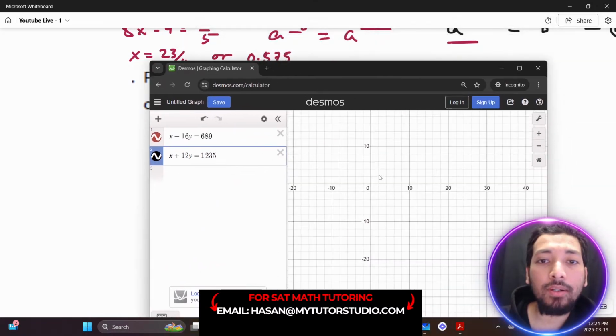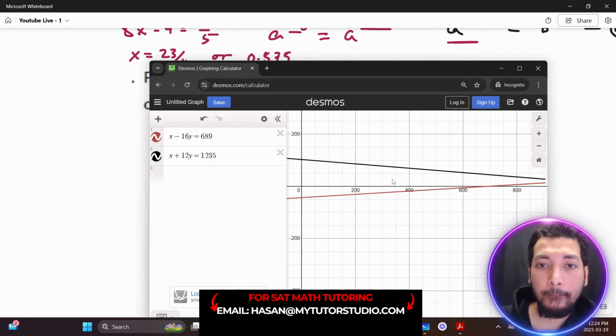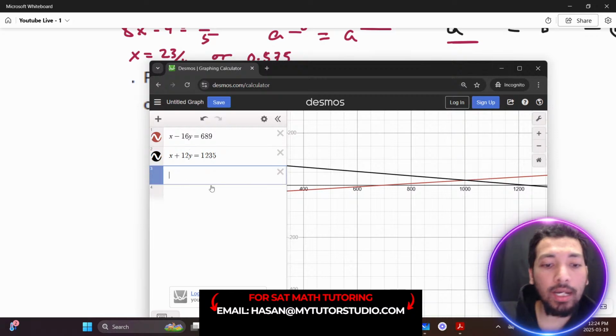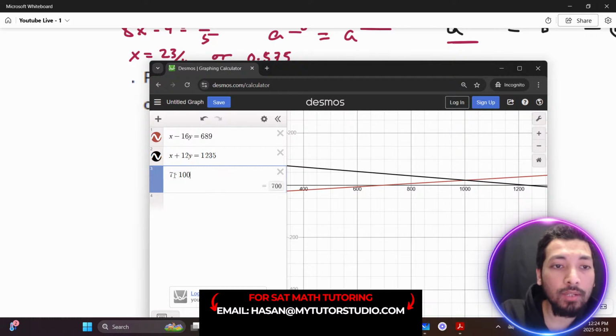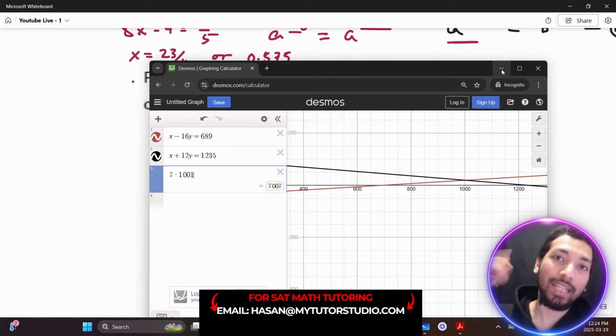Simply get the value of x here. We are getting 1001, 19.5. I just need to find the value of x. So x is 1001. I just need to find 7x, which is 7 times 1001. That is 7,007. That's how quickly you can get the answer.